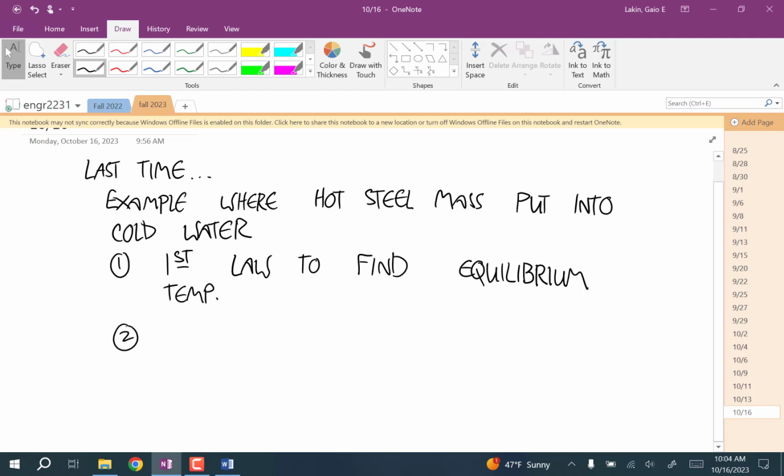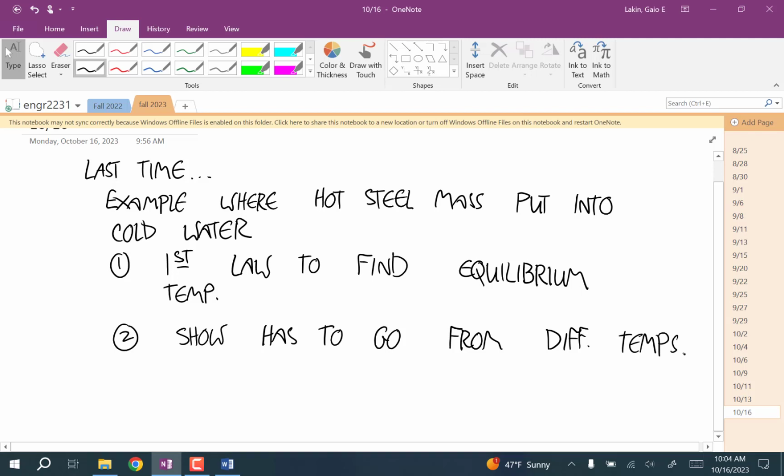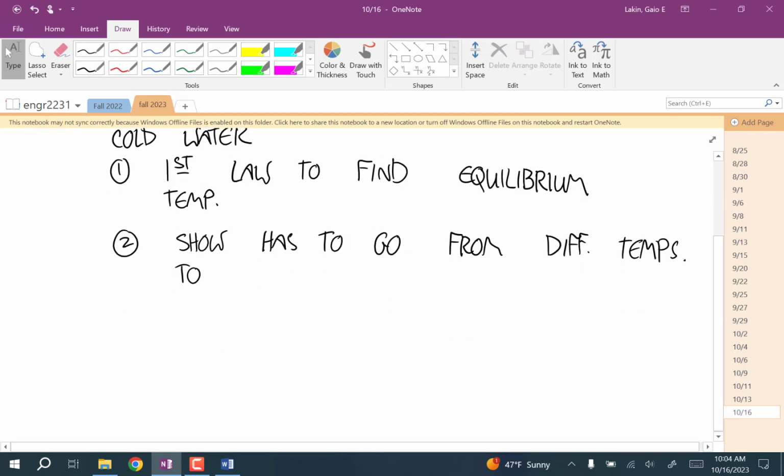And then second, what we did that we haven't been able to do before is we showed that it had to go from different temperatures to an equilibrium temperature, versus the opposite direction, to satisfy the second law.